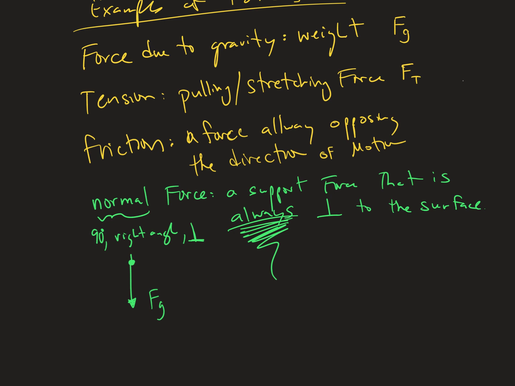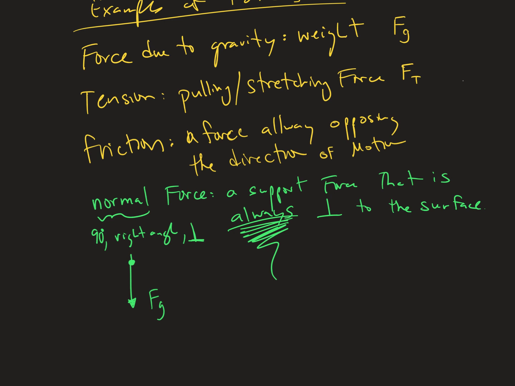So I have this iPad right here. Does the iPad have a normal force? What direction is it? The force of gravity, its weight, is straight down, but the support force, the normal force, is straight up in this case. Why? Because the table is straight horizontal, and it has to be perpendicular to that. You with me?